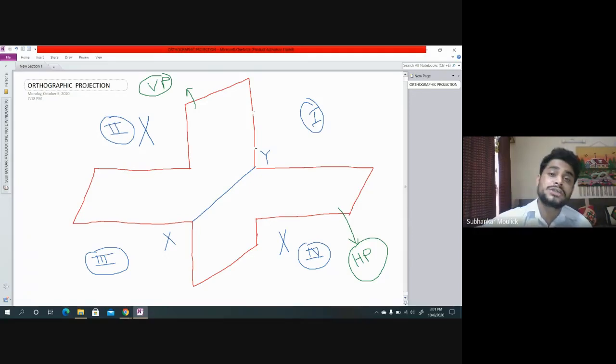That means we do not keep any object in the second angle or in the fourth angle. Either we will solve the problem by keeping the object in the first angle projection method or in the third angle projection method. Is it clear to you so far? Any doubt?